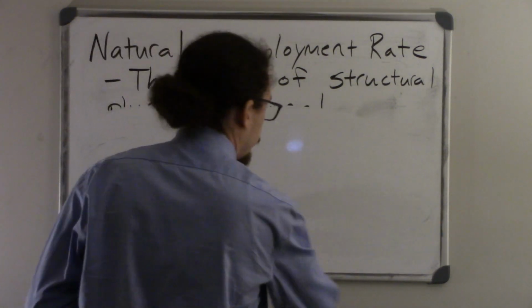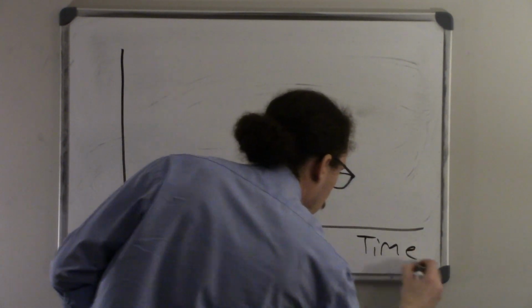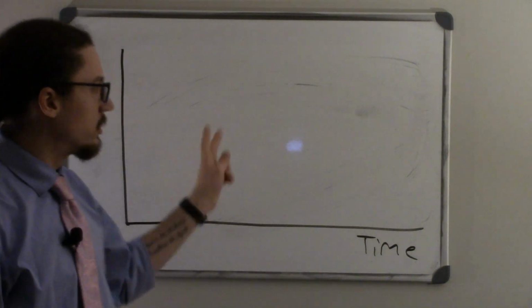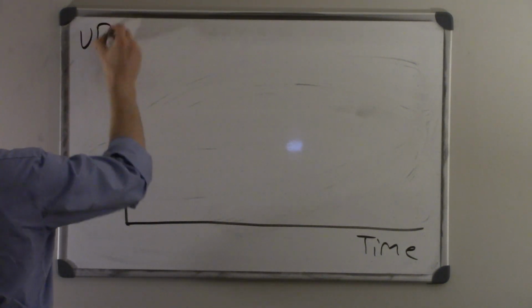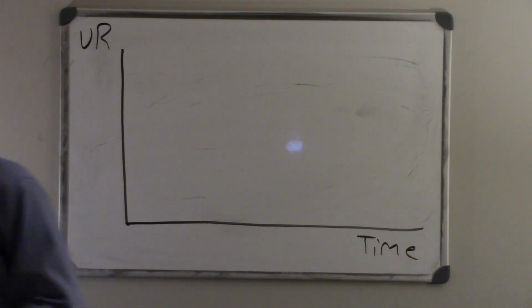All right. So if we imagine a graph, on the horizontal axis we are looking at time, so this is over time. The vertical axis is the unemployment rate, so the unemployment rate over time.